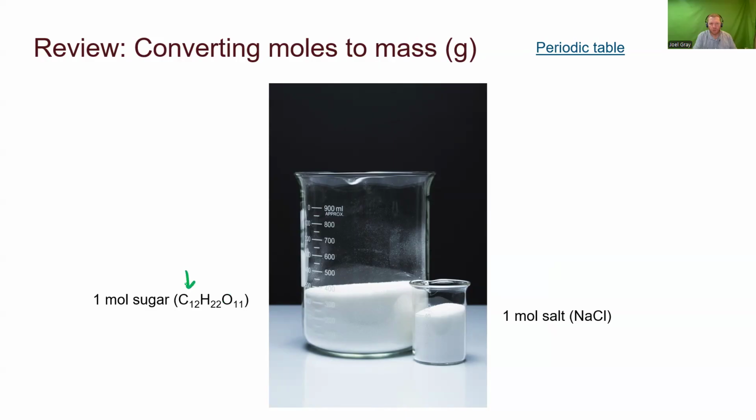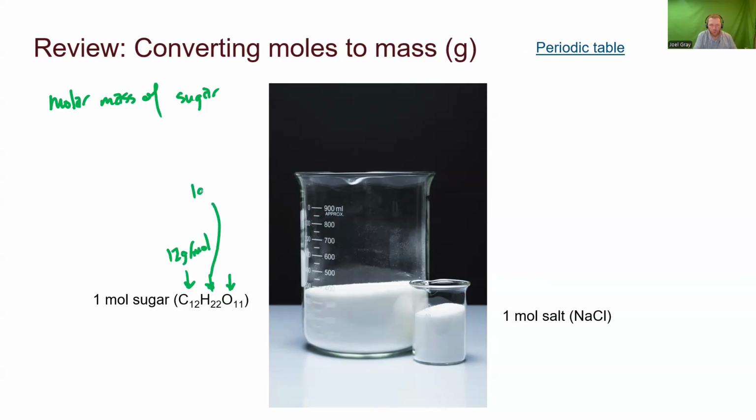I know some of these numbers. So what I'm going to do is I'm going to tell you this, and I want you guys to use your calculators and put this together in the chat. What is the molar mass of sugar? Now, I'll tell you that carbon has a mass of 12 grams per mole.